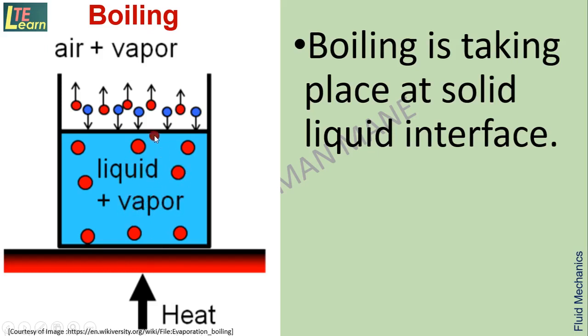This is the liquid vapor interface and this is the solid liquid interface. So across the solid liquid interface heat is transferred, these molecules are forming, and then these molecules are escaping across the liquid vapor interface.